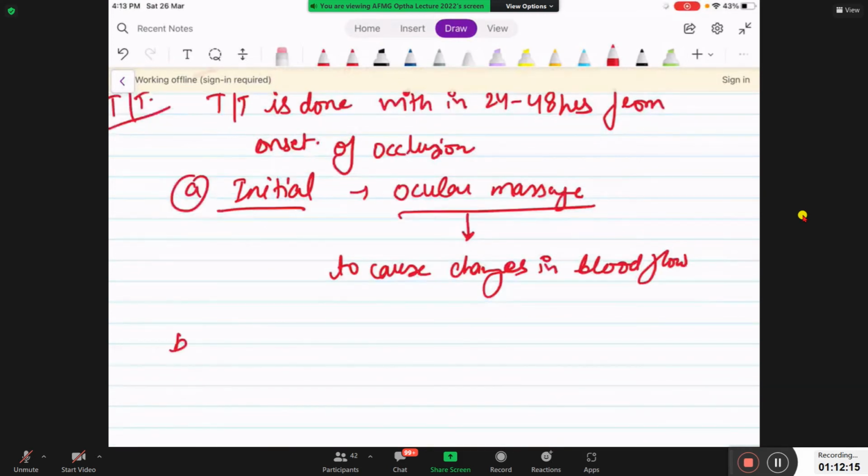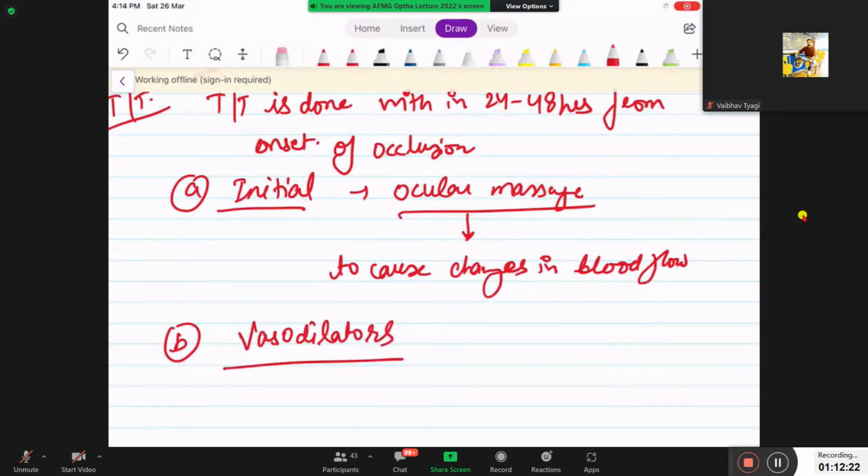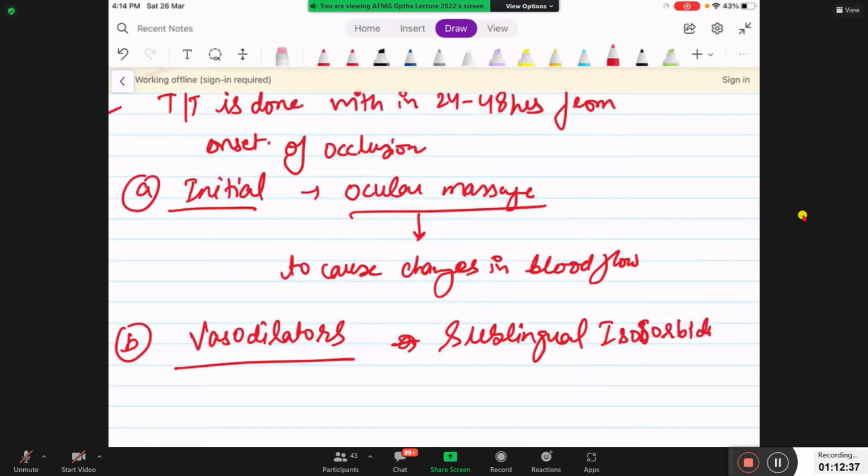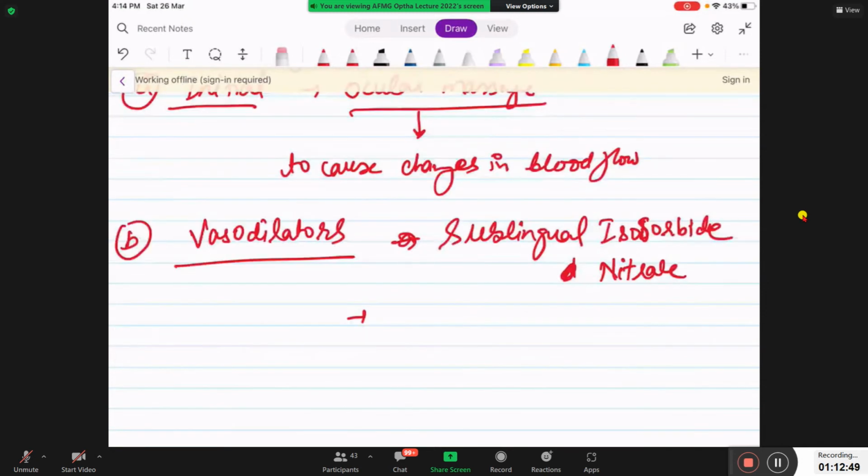Second, after massaging, you give vasodilators like sublingual isosorbide dinitrate. The second vasodilator we give is carbogen.